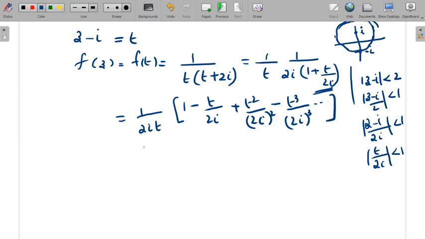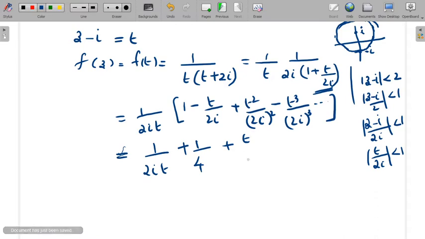Okay. And now you can just multiply with this term and write this as 1 by 2i t, then plus 2i into 2i makes minus 4, so plus 1 by 4, then 1 t cancels, we get t divided by minus 4 into 2i, which is minus 8i, etc. And finally, replace this t by z minus i.